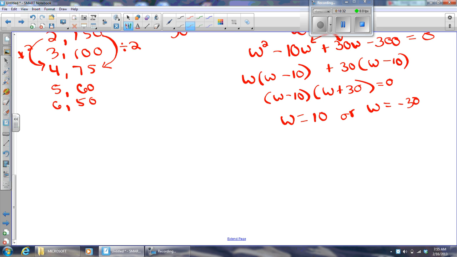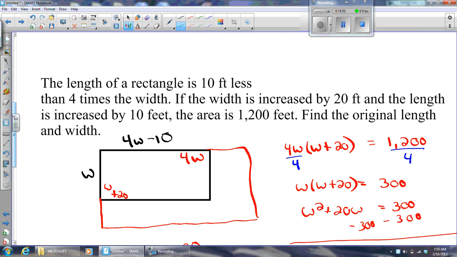Now, that doesn't make any sense because we're talking about a width of a playground. When I know the original width, it can't be minus 30 feet. You can never have a measurement that's negative. So the original width is 10 feet.